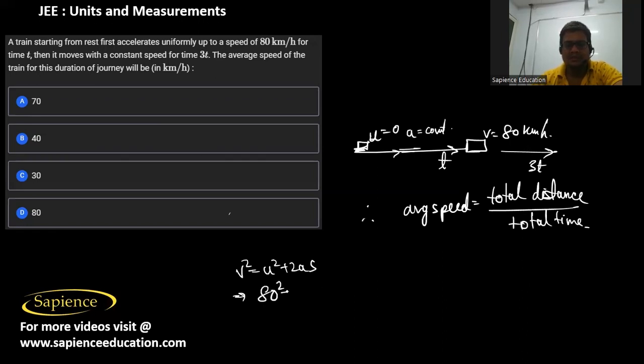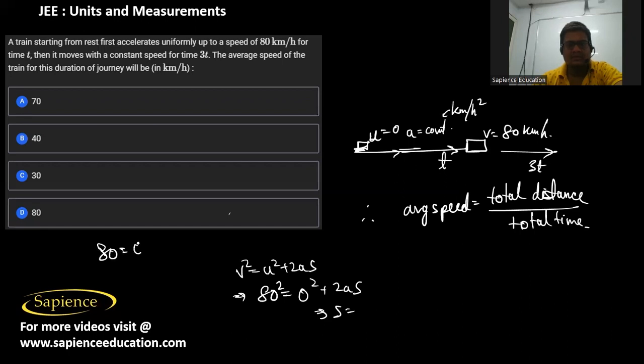So acceleration unit also we can take in kilometer per hour square. So 80 square is equal to 0 square, since it starts from rest, plus 2as. So the displacement is, okay, and v equal to u plus at also.